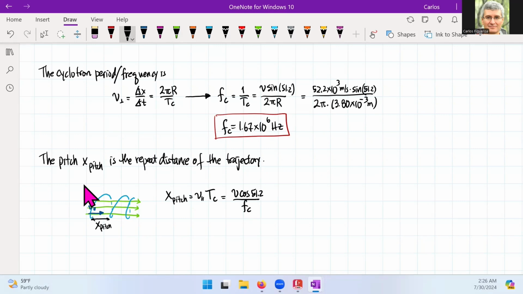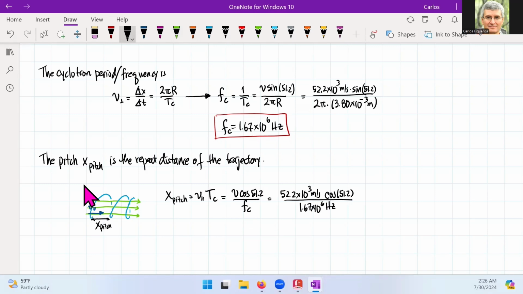So if I put in these values here, I'm going to get 52.2 times 10 to the 3 meters per second. I have cosine, not sine, and then my frequency is 1.67 times 10 to the 6 hertz.